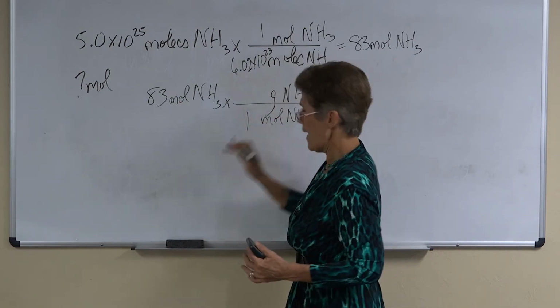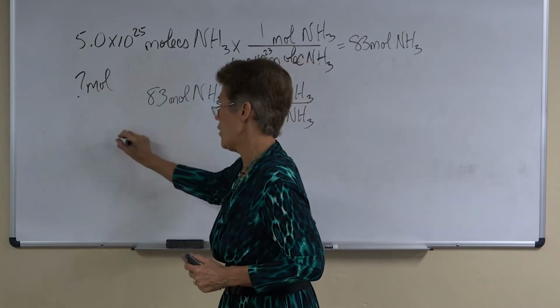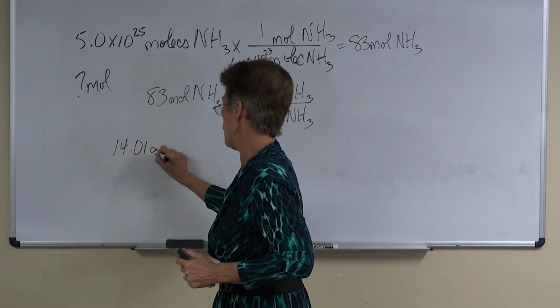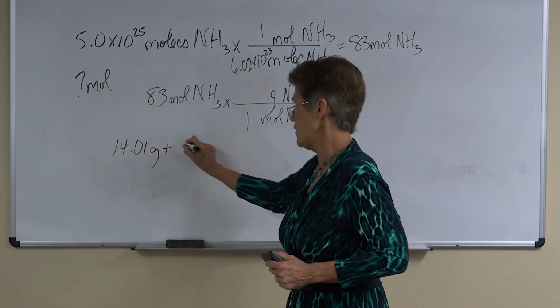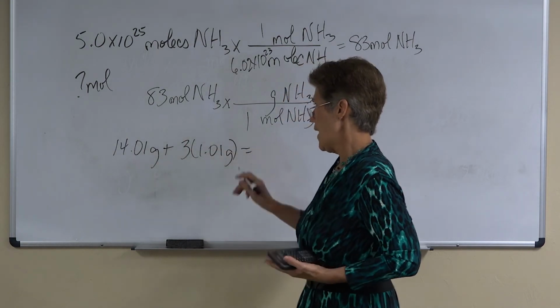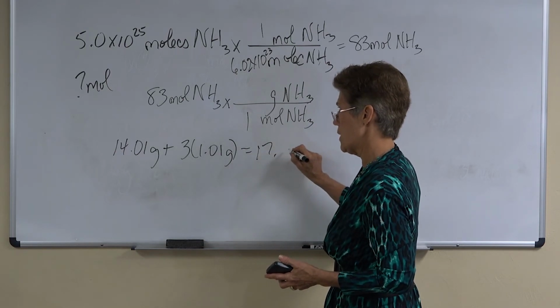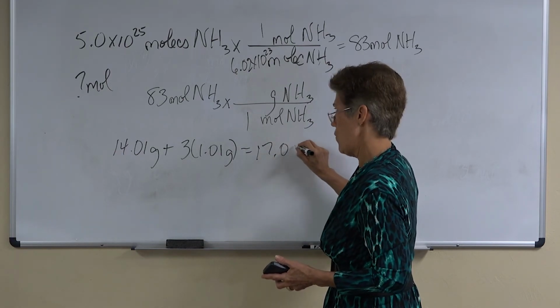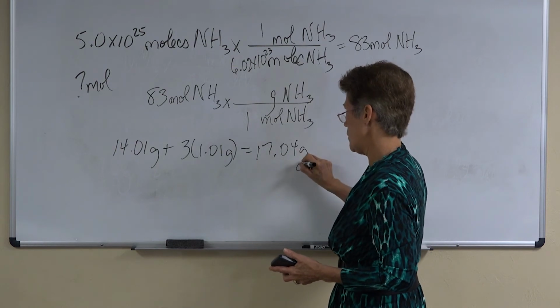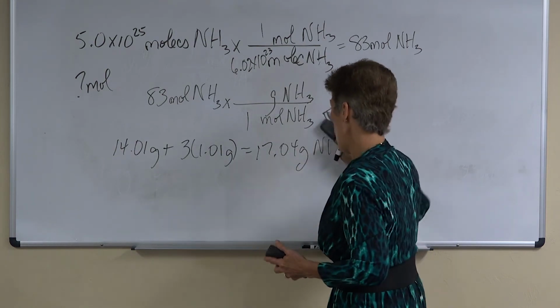One of these, we're going to add this up. We go look for nitrogen. Nitrogen is 14.01 grams plus 3 times hydrogen, which is 1.01 grams. And that's going to give us 17.04 grams of ammonia.